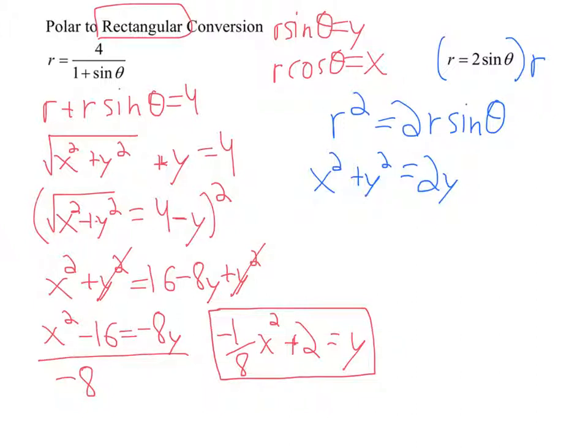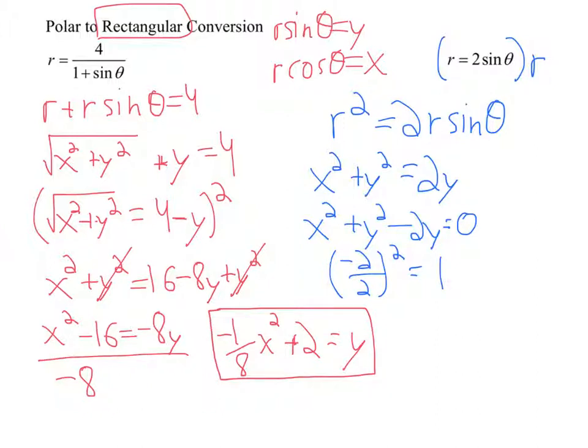So let me subtract the 2y over, so we get x squared plus y squared minus 2y equals 0. And now I'm going to have to complete the square with my y terms. So I take the coefficient of the y term, negative 2, divide it by 2, and square it. Negative 2 over 2 is negative 1. Squared is positive 1. And so I add 1 to both sides.